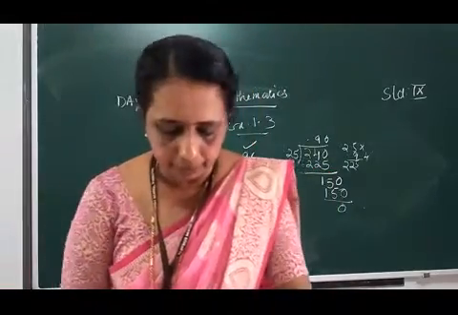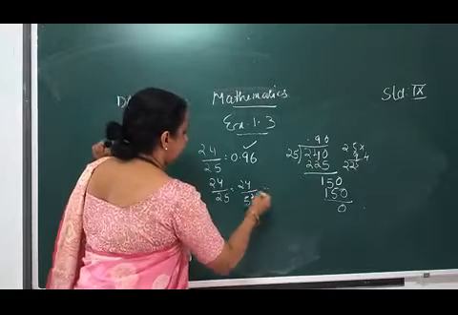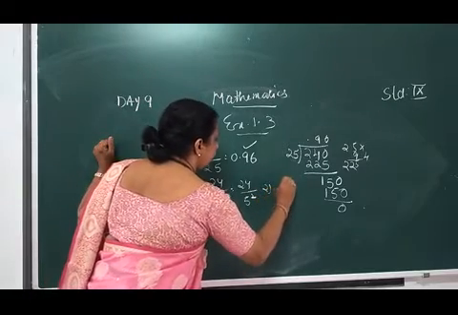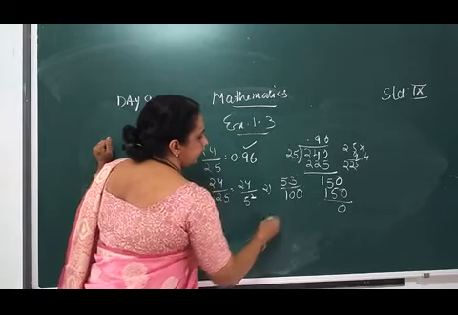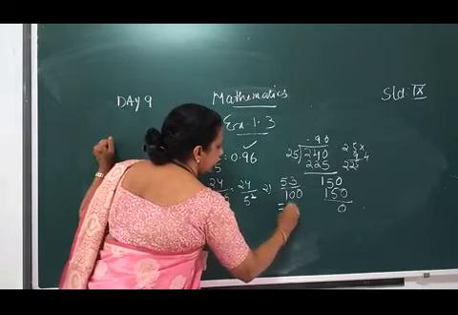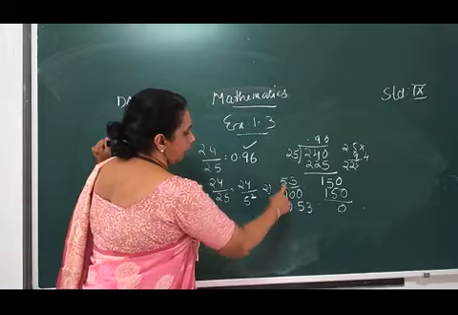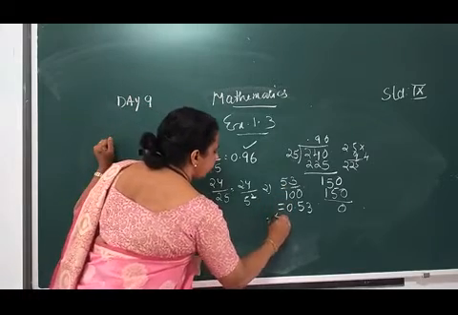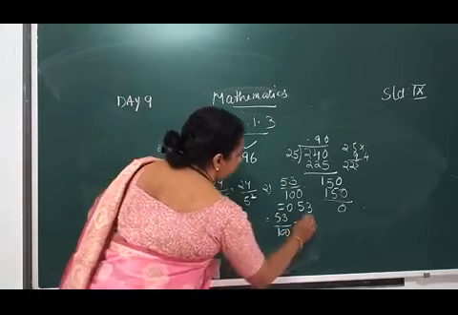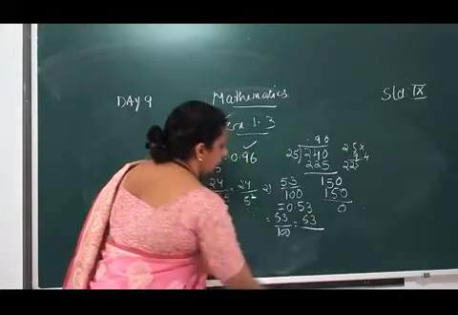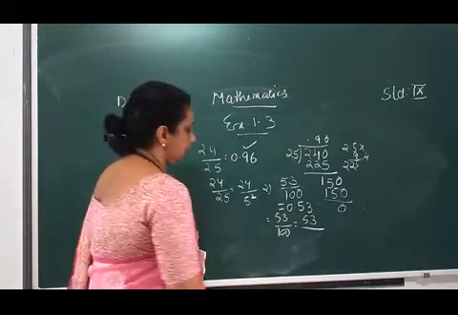Take another example, the second one: 53 by 100. You know its decimal expansion is terminating, that is 0.53. Then we can write the denominator 100 in the form of its factors.